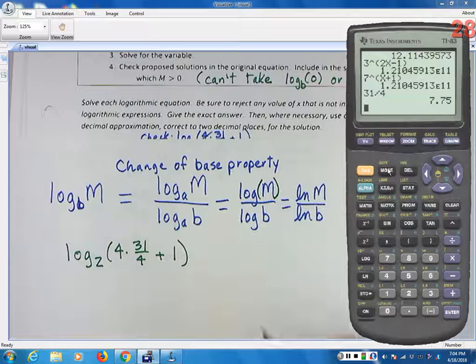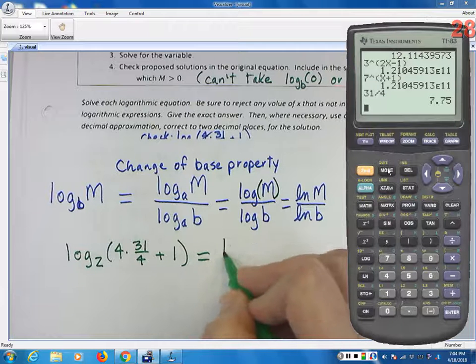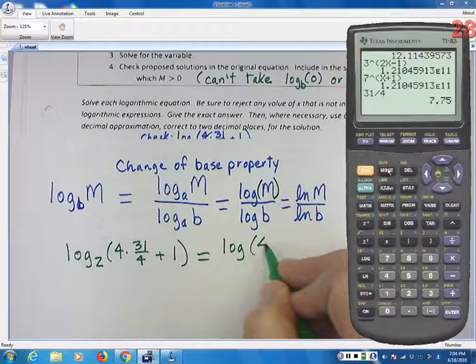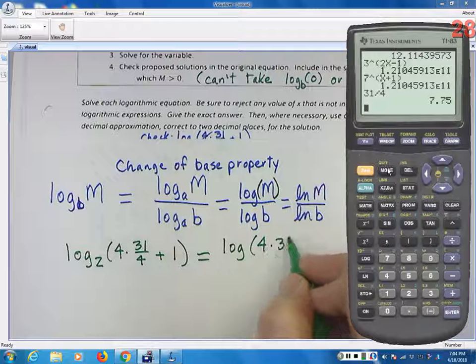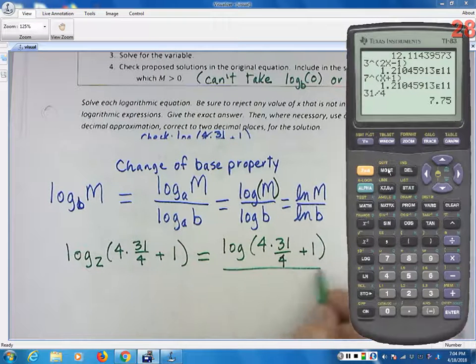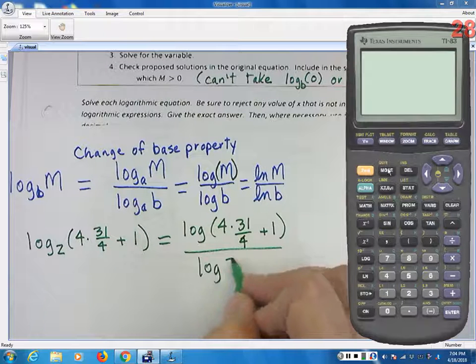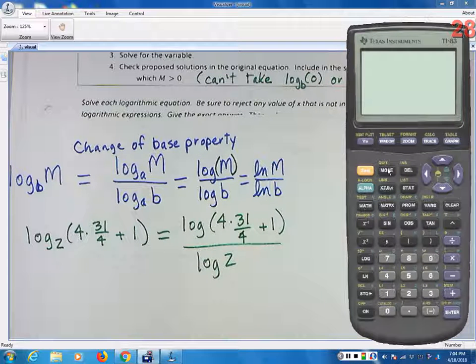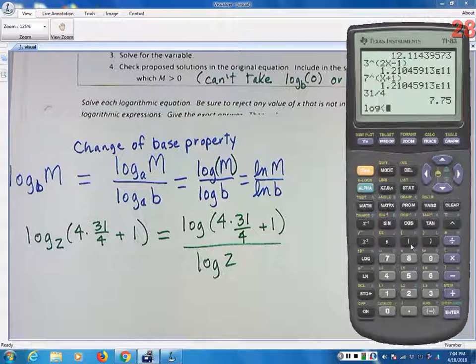I could find it by doing log of 4 times 31 divided by 4 plus 1 divided by log of 2. You see, because my calculator doesn't have the extra thing, but this is just the change of base. Log of 4 times 31 divided by 4, or 7.75, plus 1, which is just 32.